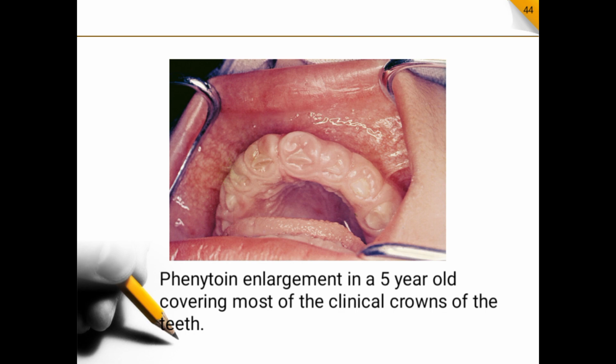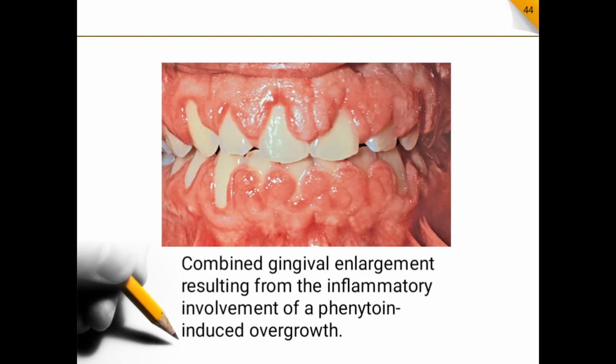This is phenytoin enlargement in a 5-year-old, covering most of the clinical crowns of the teeth. You can see it seems like this is edentulous, but it is not edentulous. Definitely combined gingival enlargement from the inflammatory involvement of the phenytoin. This is also phenytoin, and this is also phenytoin.